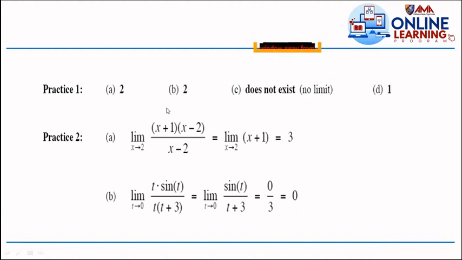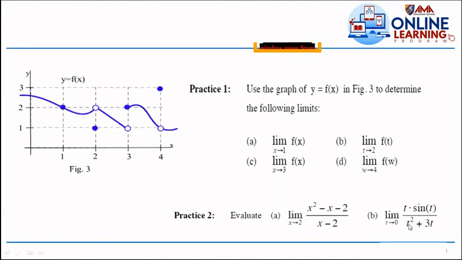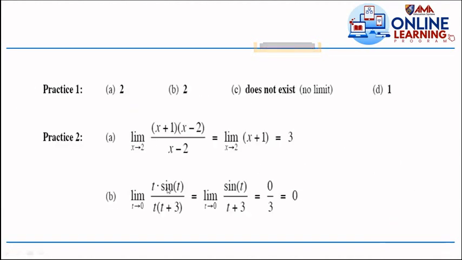But in letter B, when we substitute 0 here, 0 squared is still 0, plus 3 times 0 is still 0. So what we're going to do, we're going to factor. The factor is t sine t all over t multiplied by t plus 3 as t approaches 0. So the t cancels.